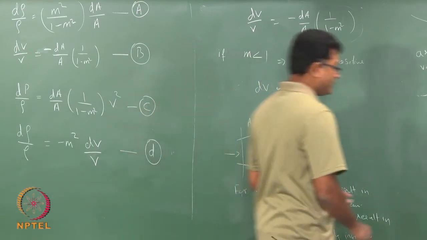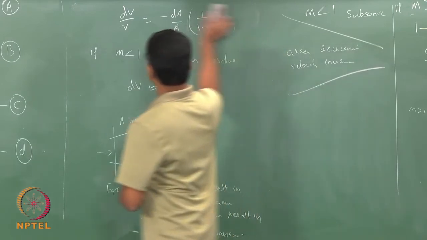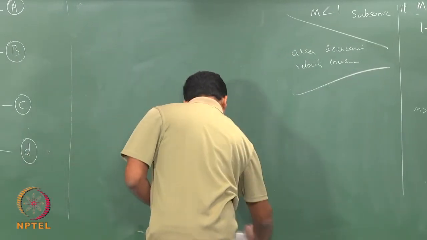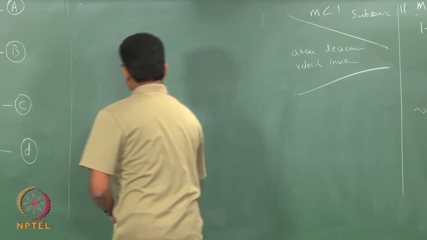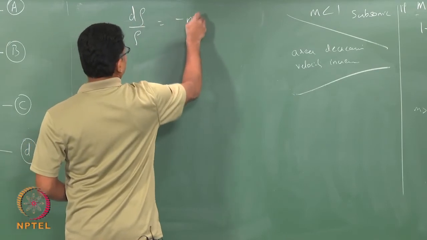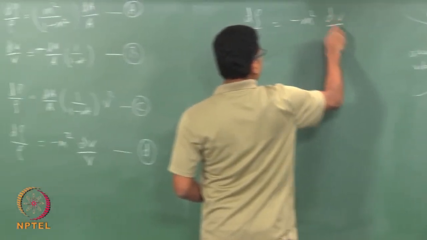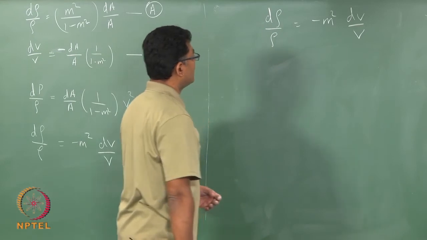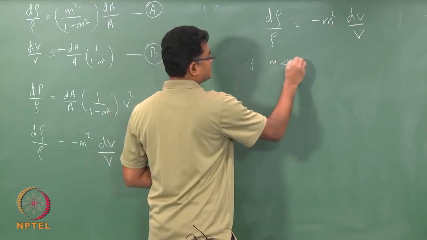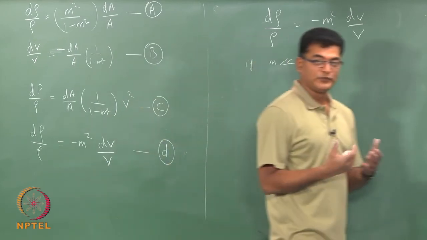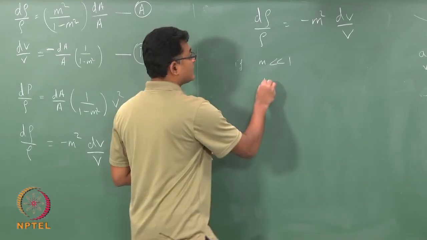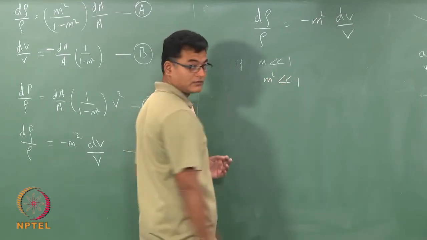In equation D, if your Mach number is much less than 1, it is very small, your m square is also going to be very small.